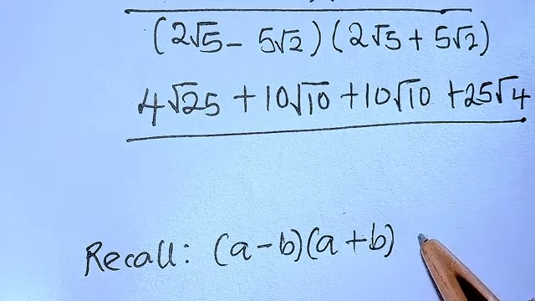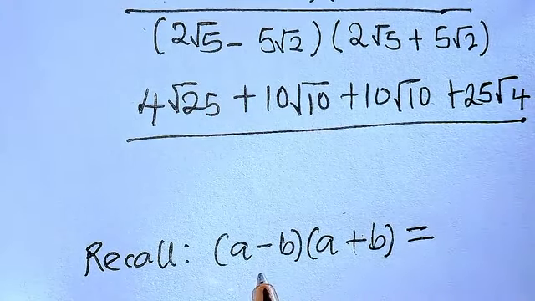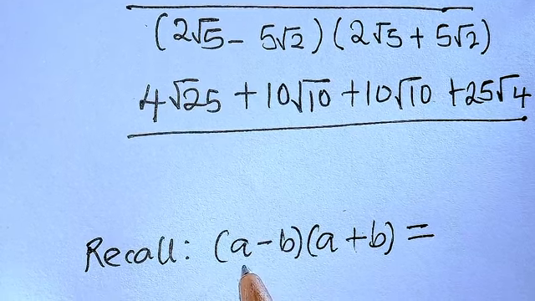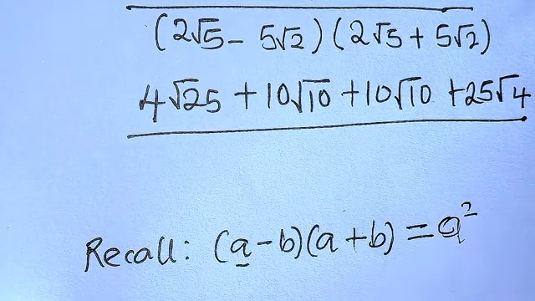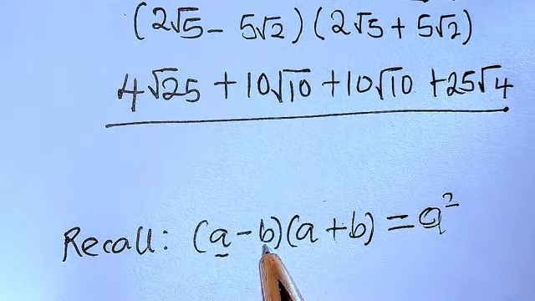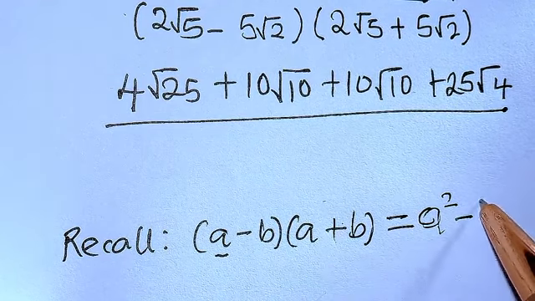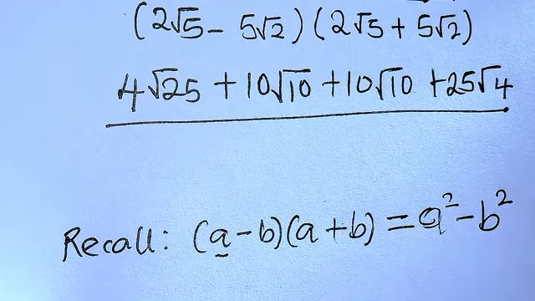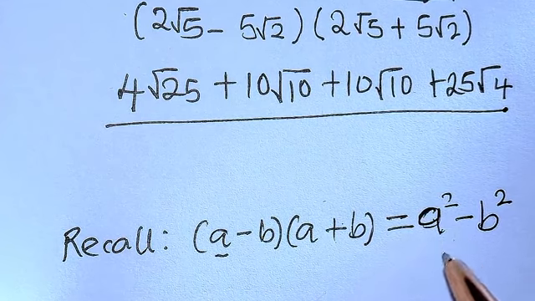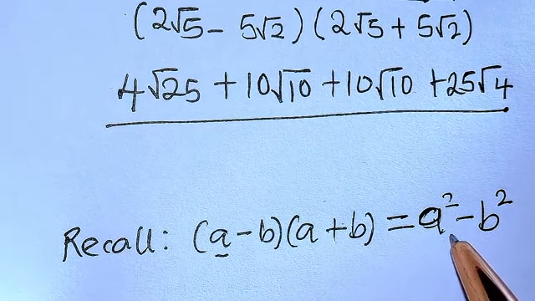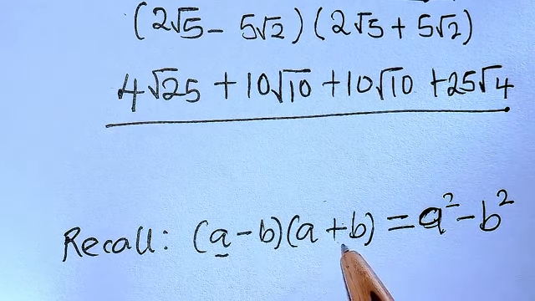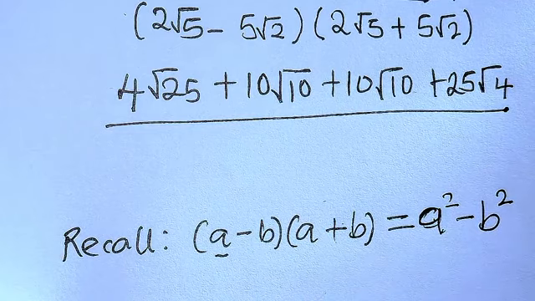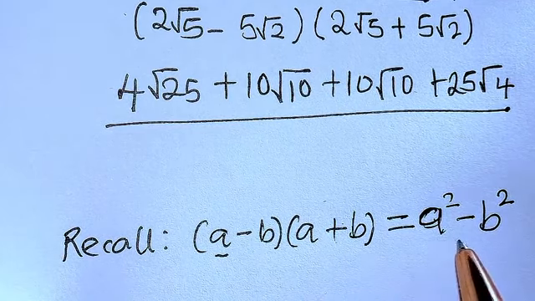We can simply write this by taking the first one and squaring it, then taking the second one, which is b, and squaring that too. So a squared minus b squared can be written in this form, and this can also be written in the right-hand side form. So we are going to use this now.